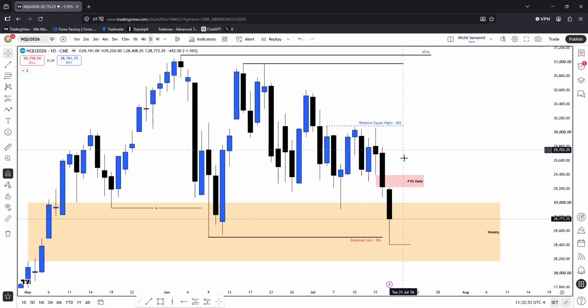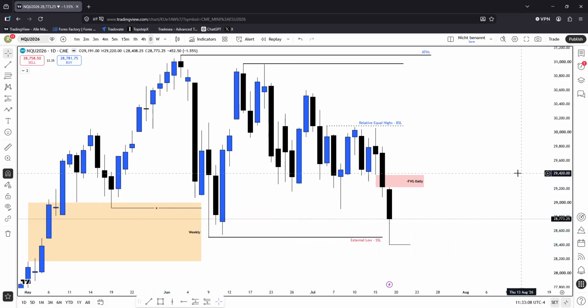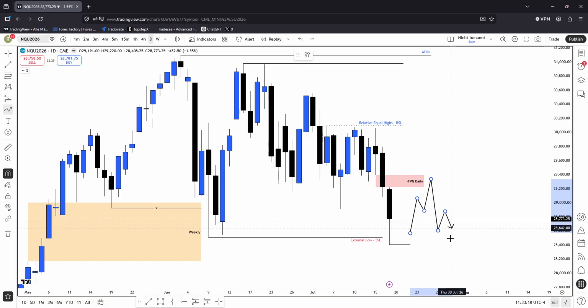Why? Because it doesn't depend on a bias. We will most likely visit this area in the bearish case and the bullish case as well. If we continue lower here, we would most likely see a retracement into this gap first before we continue lower.